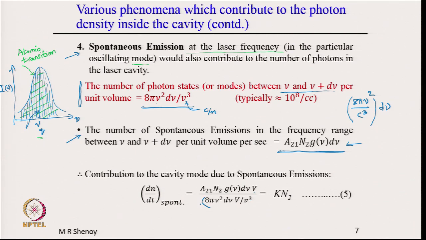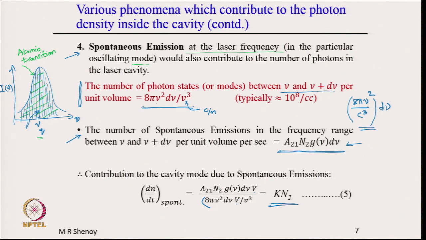The density of states 8 pi nu square by c cube into d nu, multiplied by V, gives the total number of modes in the volume, and V cancels, and what we get is equal to K times N2.